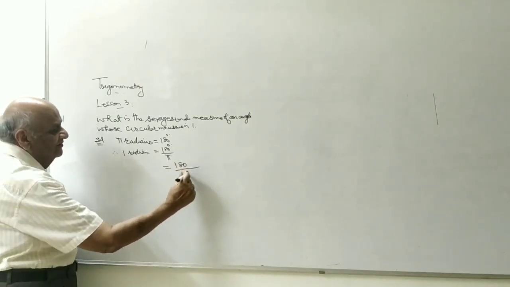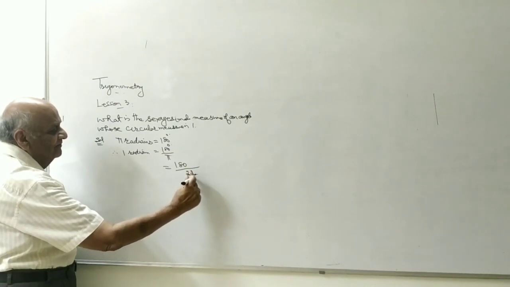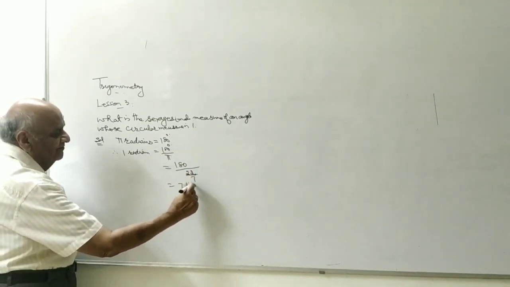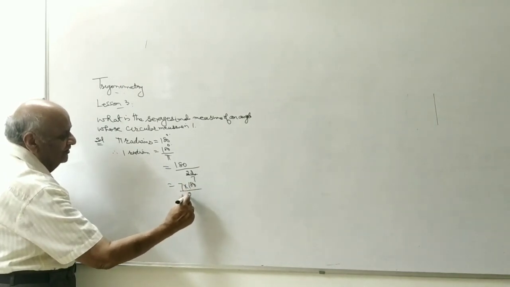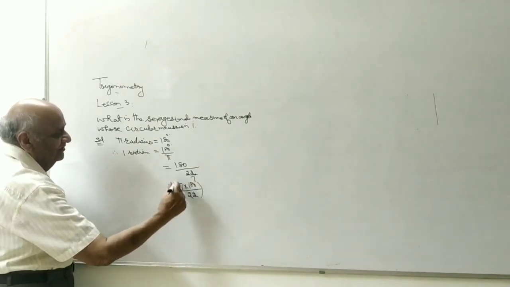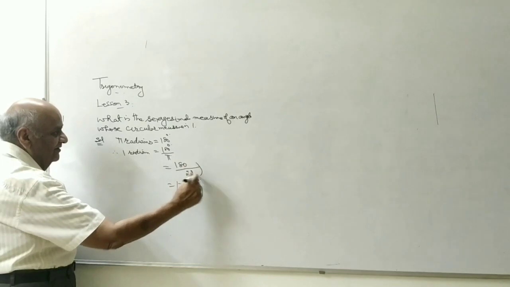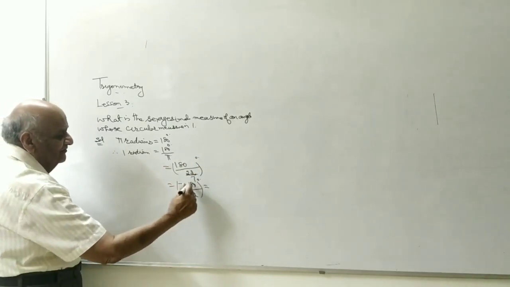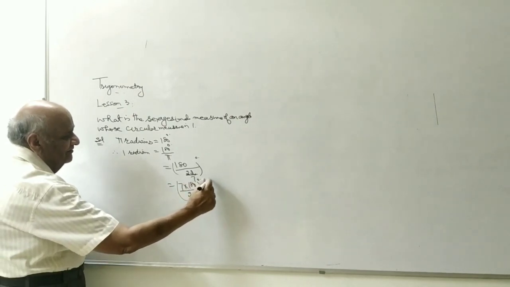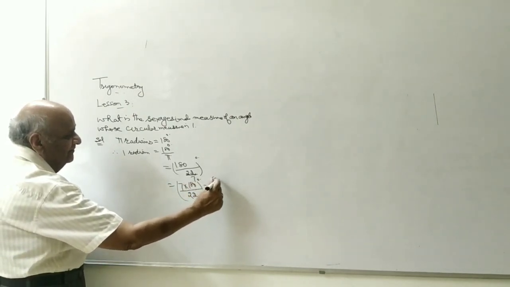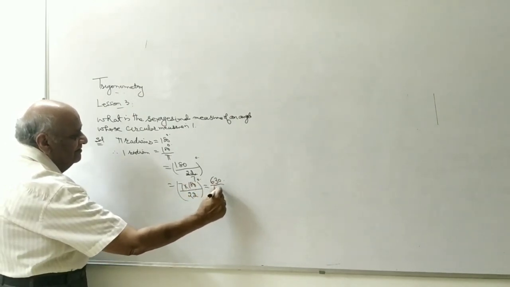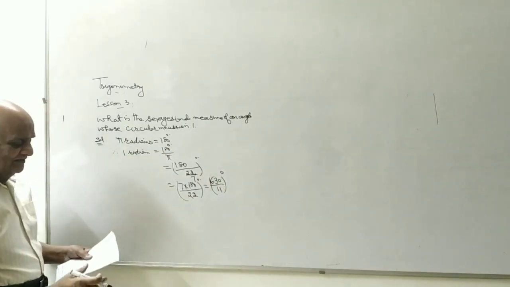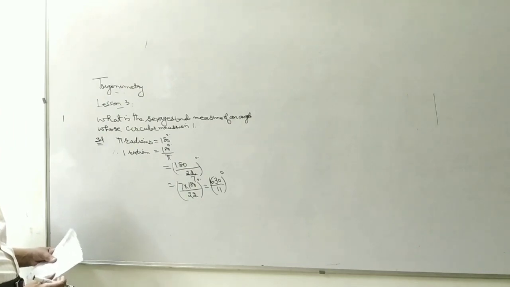It is 22 upon 7. This becomes 7 into 180 upon 22 degrees. Now this will cancel out, 630 upon 11 degrees.